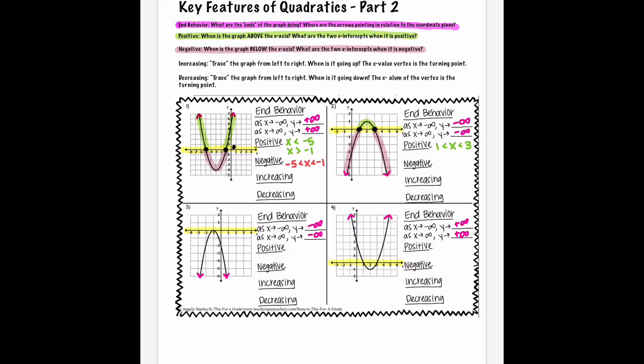Okay, so for this one, since it's flipped upside down, it's going to be a little different. So this is a negative y value, this is a negative y value. All of these points on the graph are negative y values, and those happen at all of these x's. So as long as we are at the point 1 and going to the left, that graph is negative.